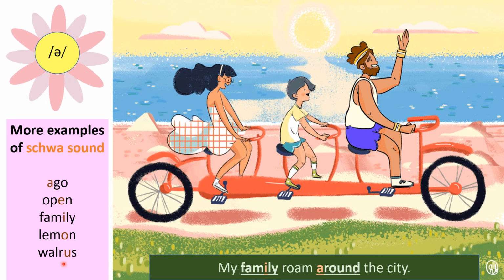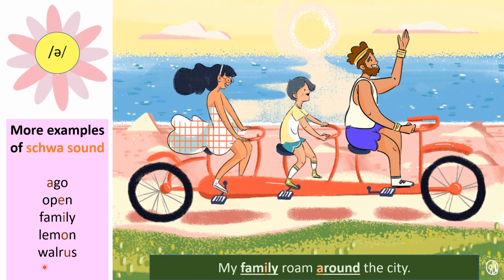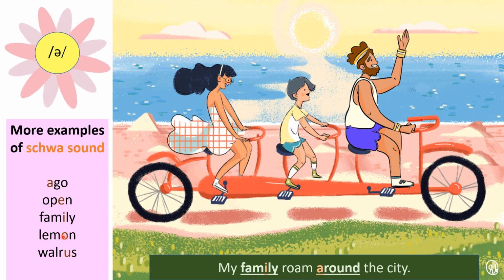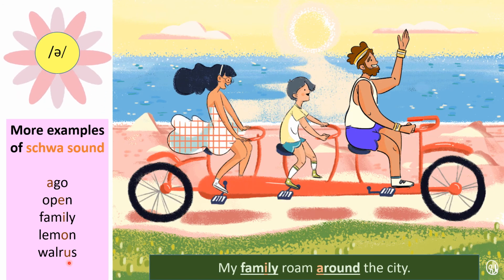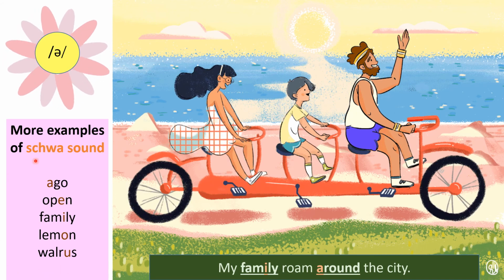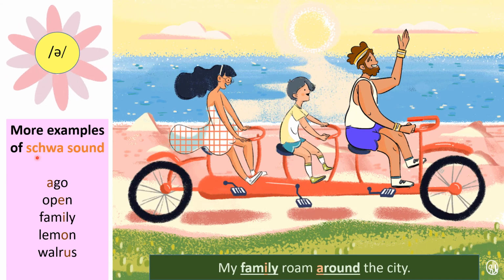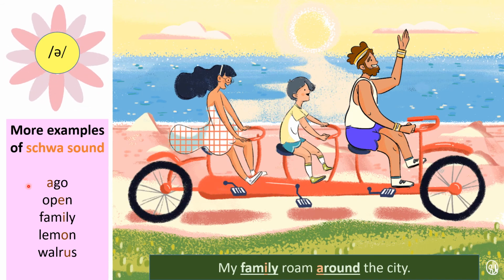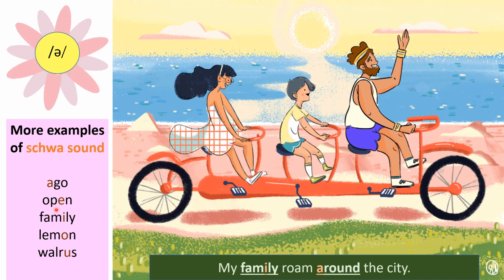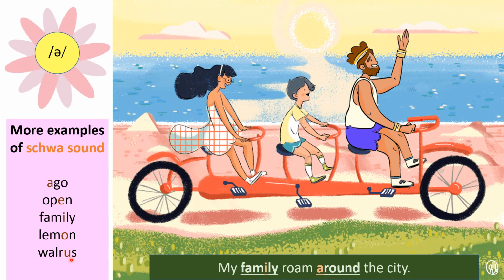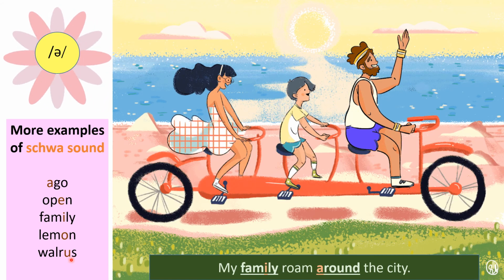Now take note that the letters A, E, I, O, U can be under the sound of schwa, provided that these vowel letters fall on the unstressed syllable in a word.